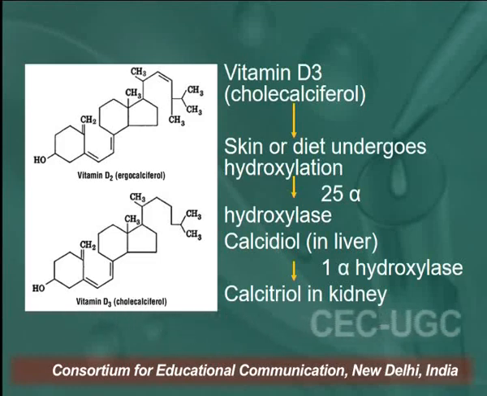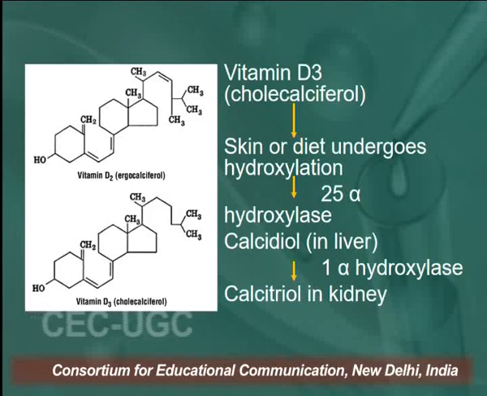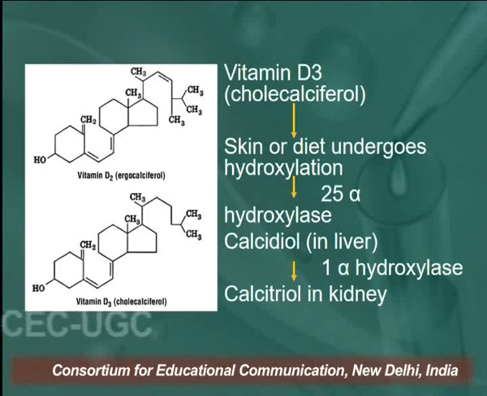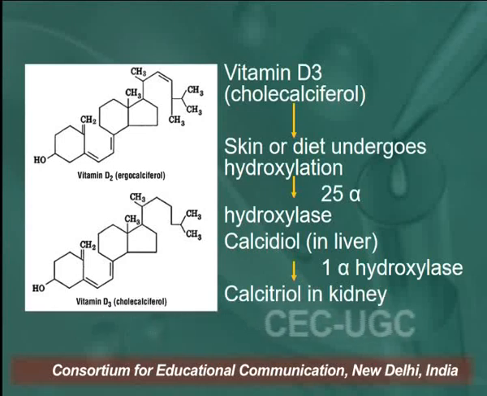When we take sunlight, that calciferol, on hydroxylation in the presence of 25 alpha hydroxylase, is converted into calcidiol. So, this vitamin D is converted into a very important molecule, calcidiol, which is present in our liver.